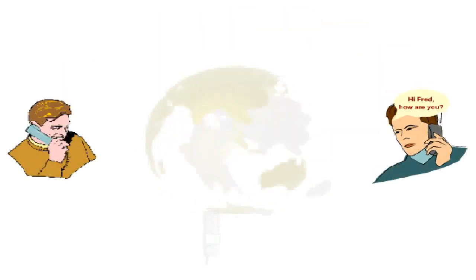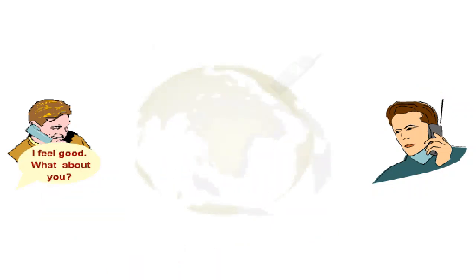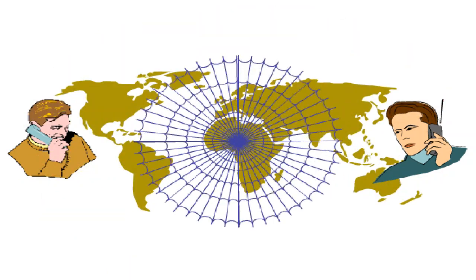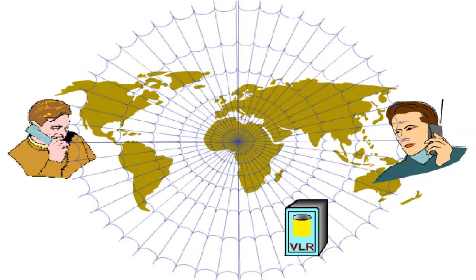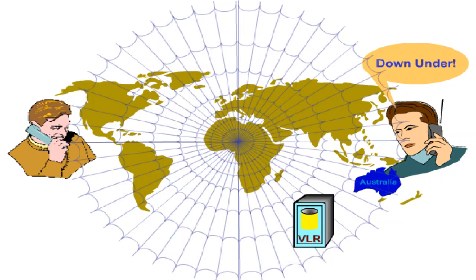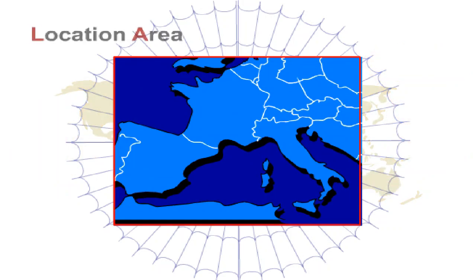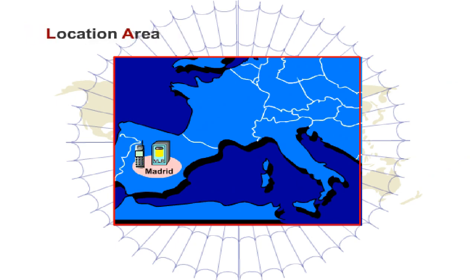Irrespective of where a mobile subscriber happens to be, a caller must always be able to contact him or her. This means the mobile network must always know the subscriber's current location so it can put through calls. By subscriber's current location, we understand in this context the appropriate location area, that is, the area controlled by a certain VLR.